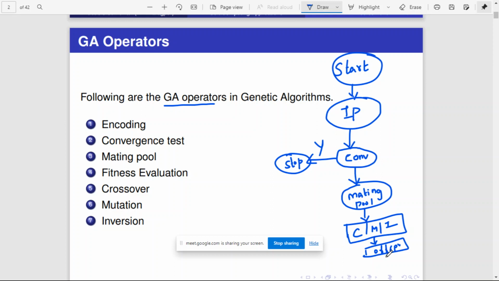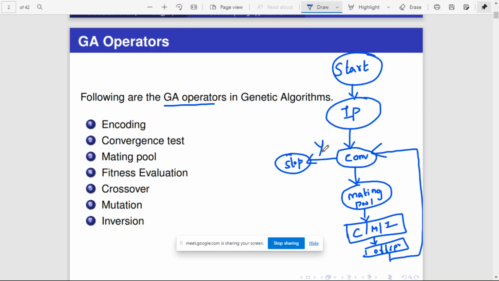And again after creating this new offspring, we check whether the convergence is met or not. If convergence is met, we will stop. Otherwise, once again continue this process until it converges. So this is the overall working procedure of a genetic algorithm.